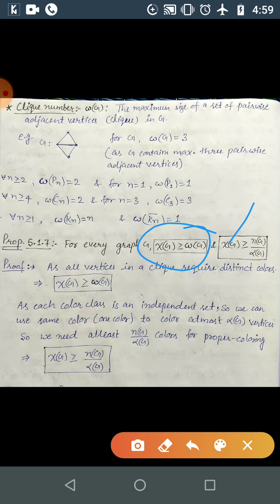Alpha of G represents the independence number, n of G represents the order of the graph, and chi is the chromatic number. So for every graph these two results hold.